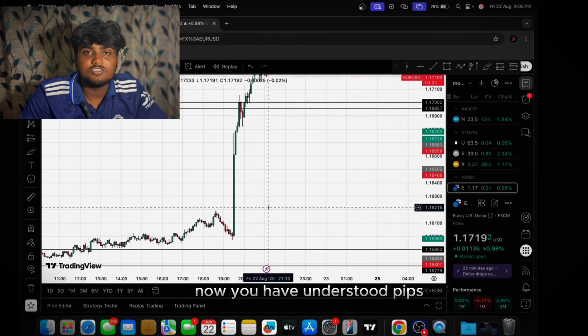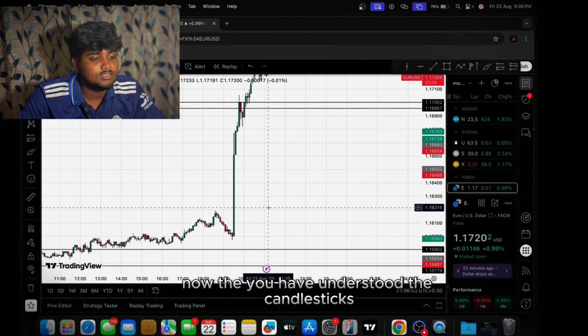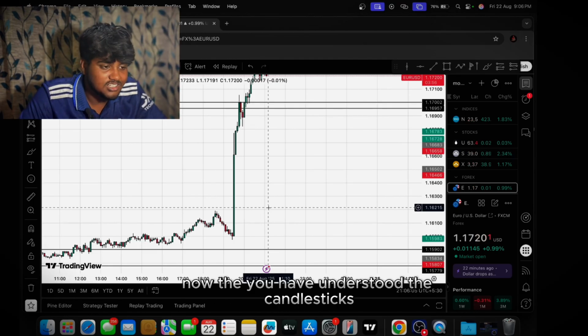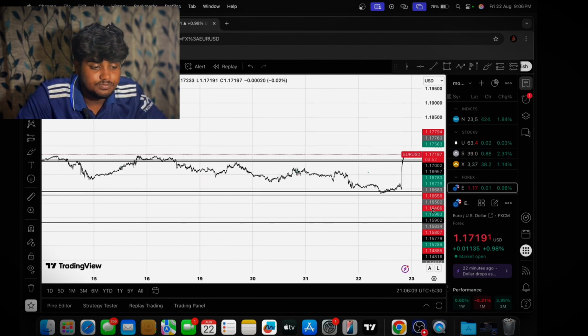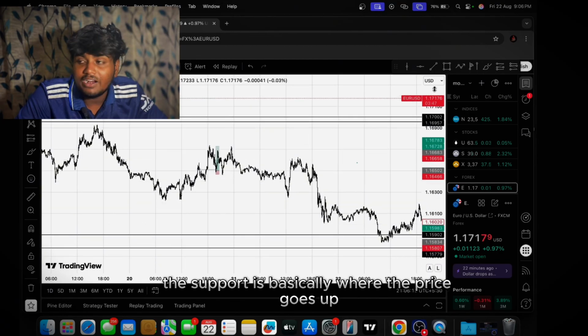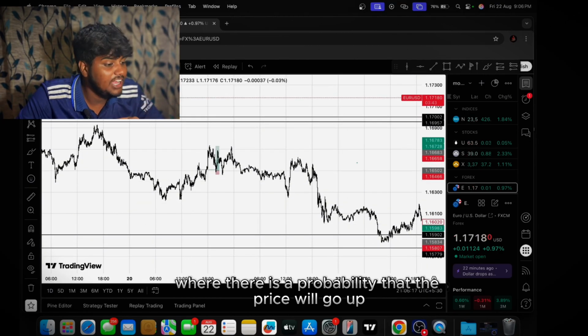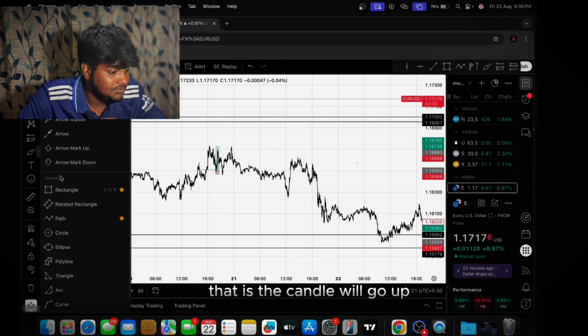Now, you have understood pips, you have understood the sessions, you have understood Forex. Now, you have understood the candlesticks. Now, let's understand the support and resistance zone. Let's come here. The support is basically where there is a probability that the price will go up, that is, the candle will go up.